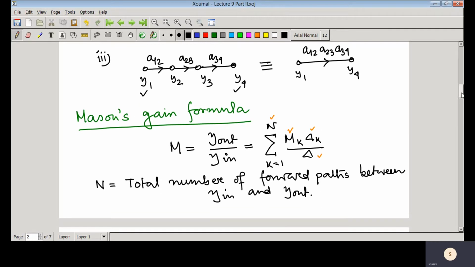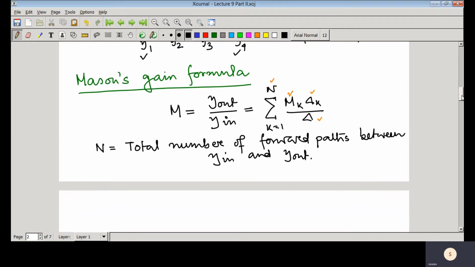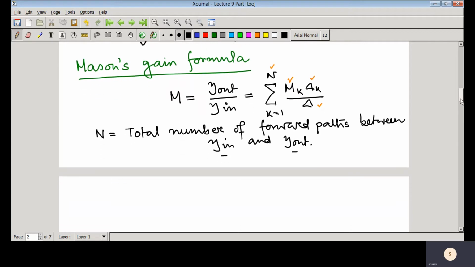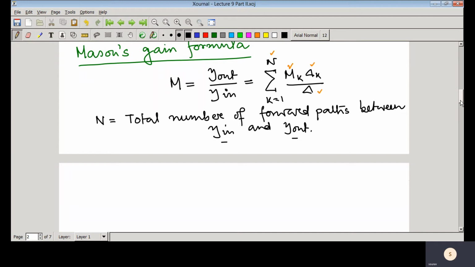So that means in signal flow graph, if we are interested in to find what is the gain from Y in to Y out, so first we need to identify how many forward paths are there in between Y in and Y out. So N is the total number of forward paths between Y in and Y out. So now what is Mk? So Mk is gain of the kth forward path.